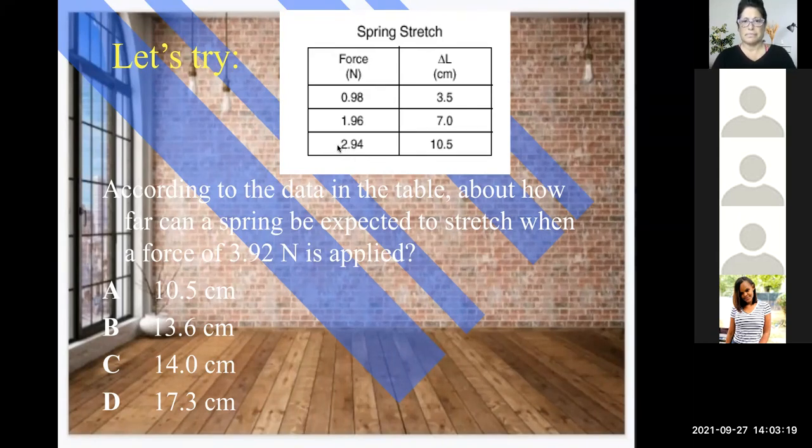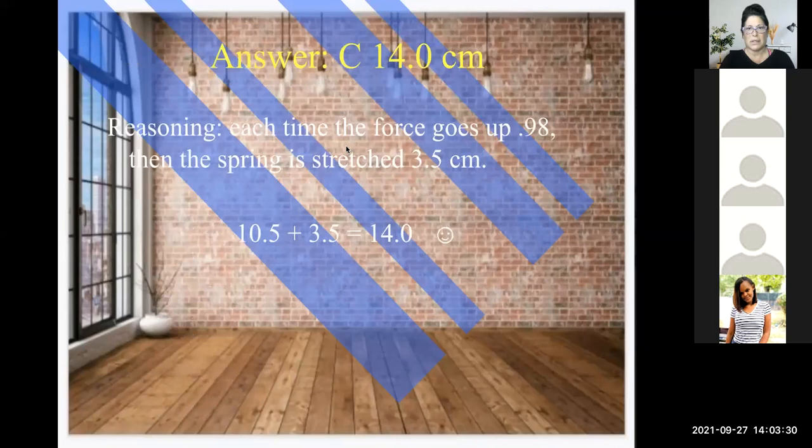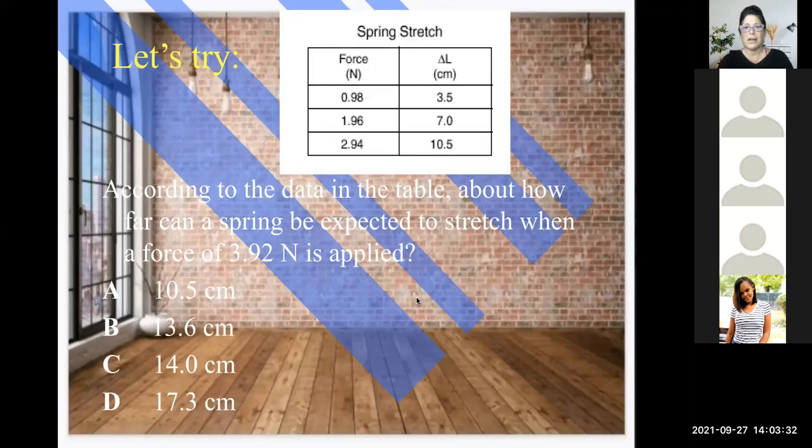And we see that the force only goes up to 2.94, correct? But we can eliminate some things pretty quickly. Obviously, 3.92 newtons is more than 2.94. So what can we automatically get rid of? We can get rid of the 10.5 centimeters.